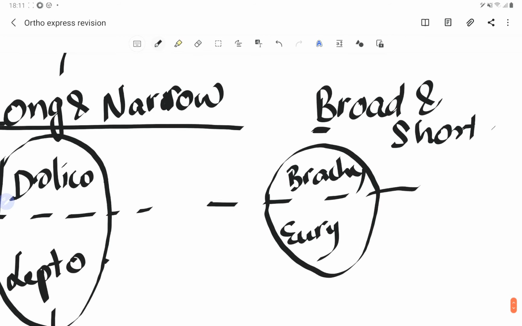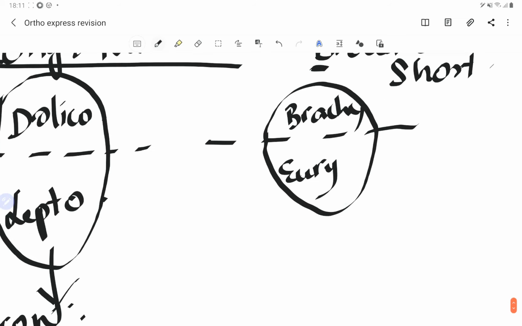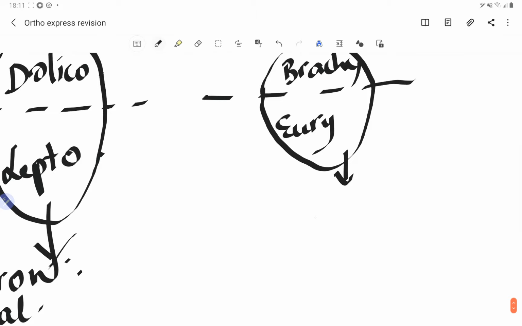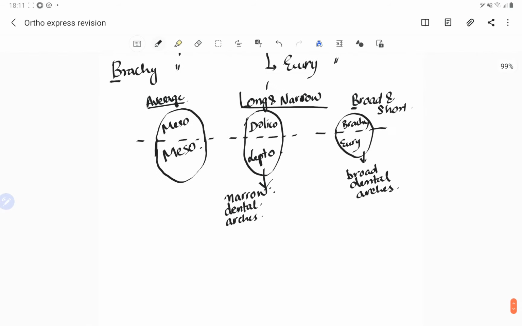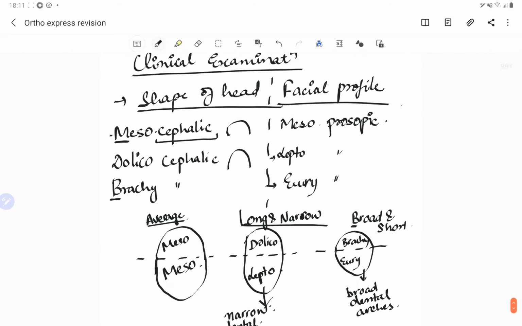Because the person is having a broad and short head, broad and short face, the patient can have broad dental arches. This is the reason that we are studying the shape of the head and the shape of the face, right? So this is the classification of the shape of the head and the facial form.